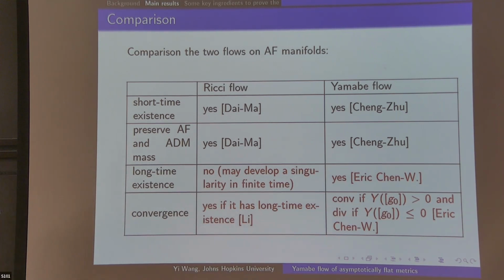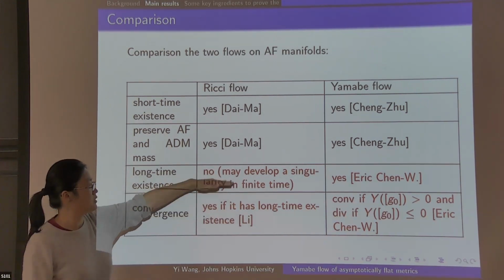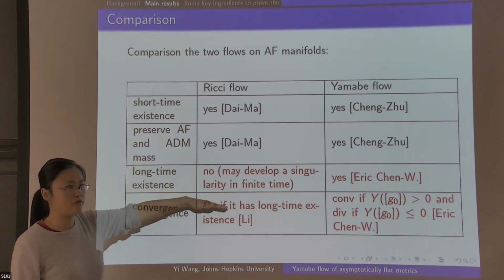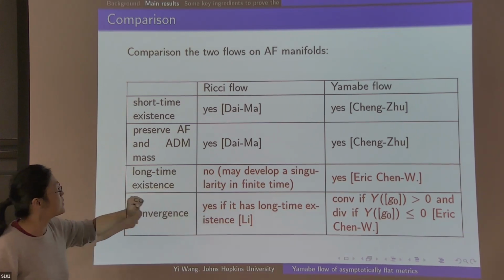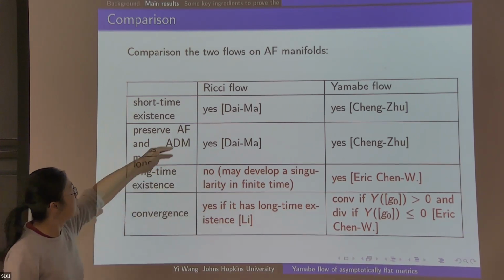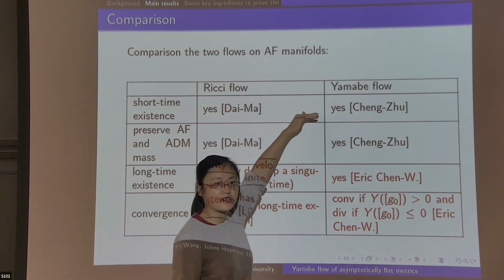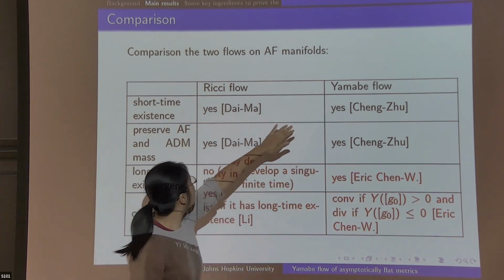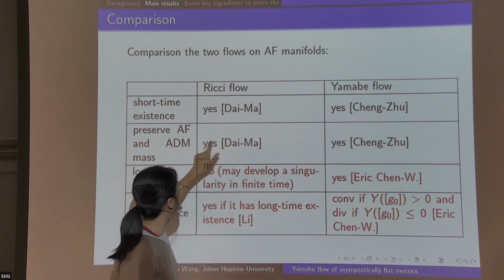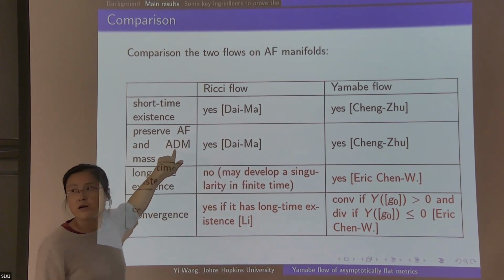The reason I marked these 2 in red text is because I want to point out that up to here, the Ricci flow and Yamabe flow behave the same. They both have short time existence and they both preserve asymptotic flatness and ADM mass.